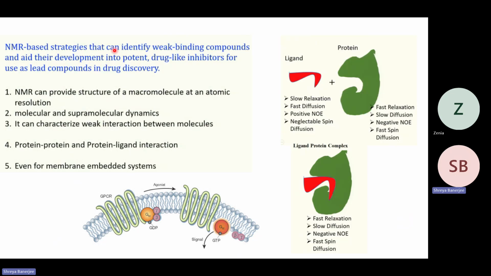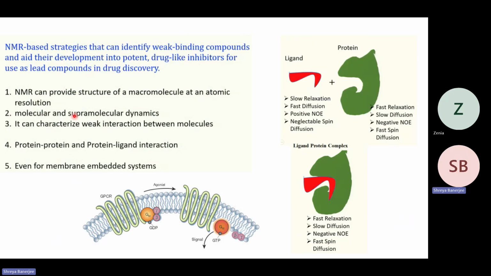Now, NMR-based strategies can identify weak binding compounds. NMR is initially used to identify the weak binding compounds, then develop them into more potent drug-like inhibitors to use as lead compounds in drug discovery. NMR, we know, can provide the structure of a macromolecule at atomic resolution.